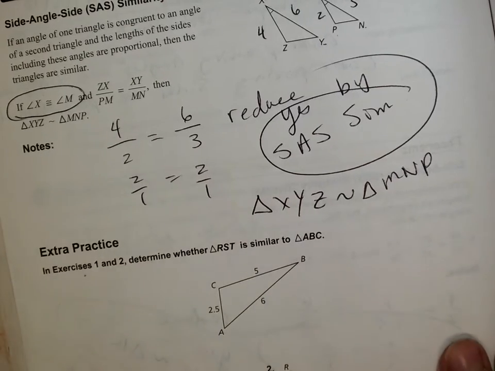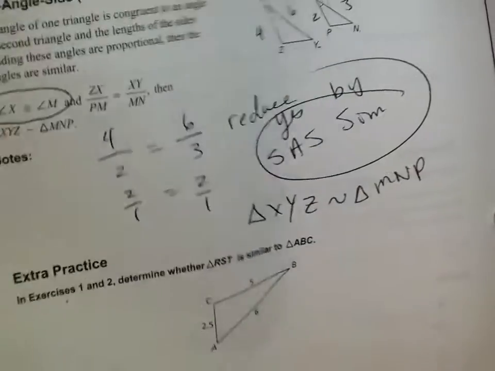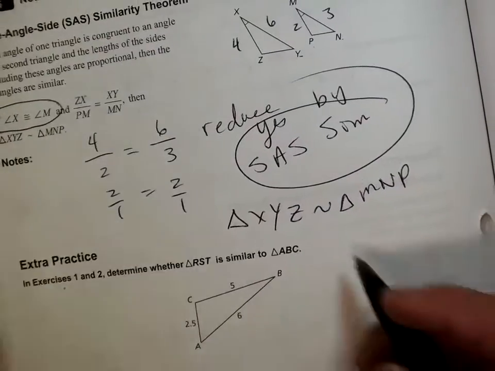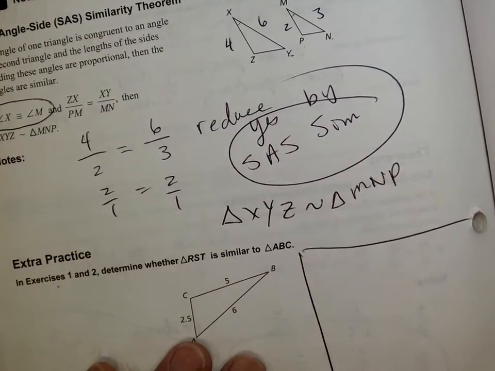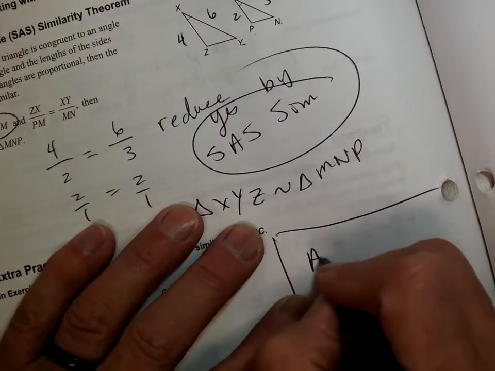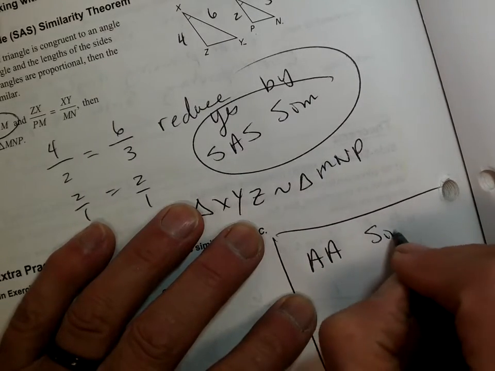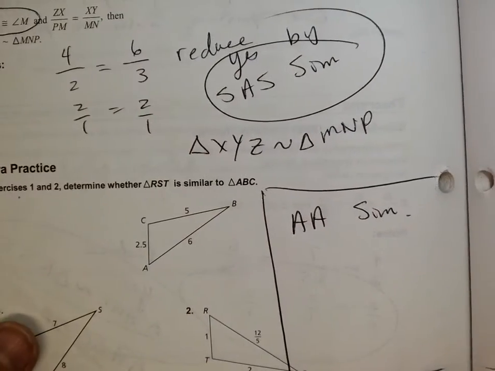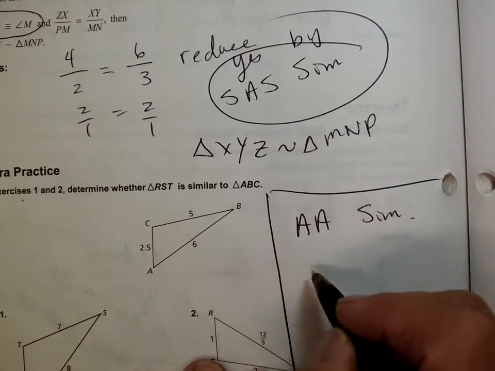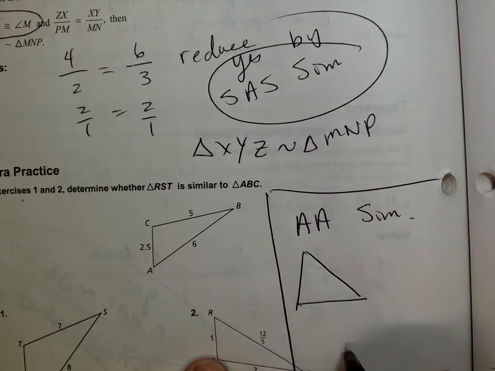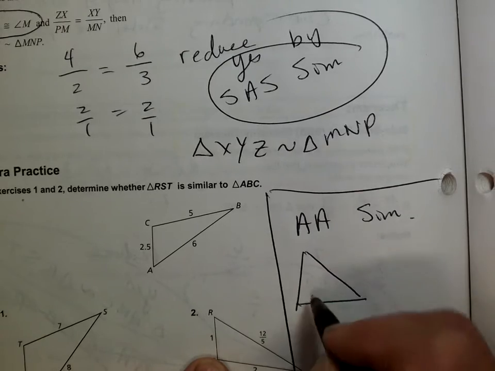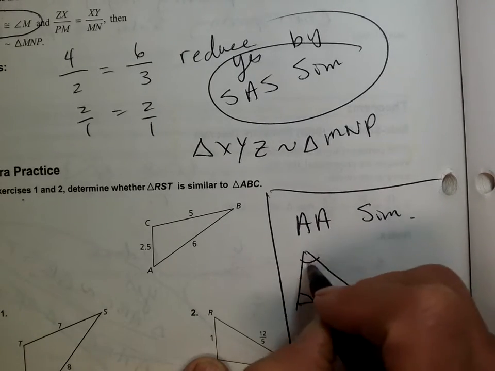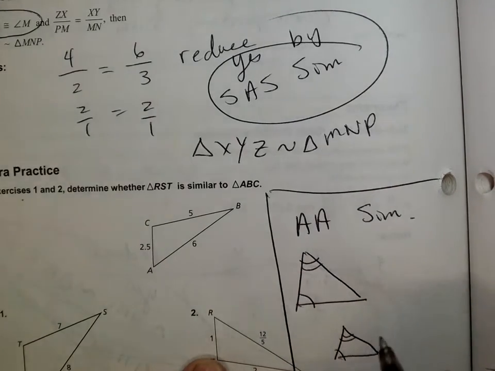Now, real quick before we do some practice, I want to go back for a little note. Yesterday we talked about angle similarity. So now what we have is three ways to prove that two triangles are similar.